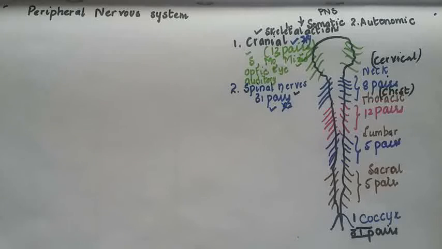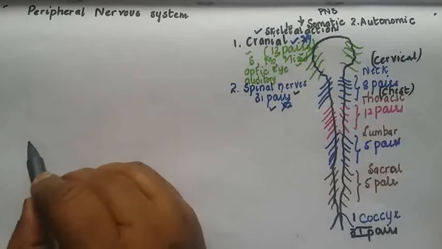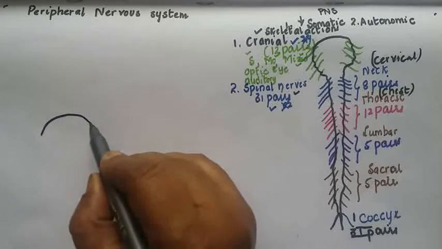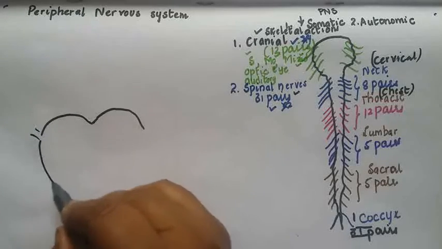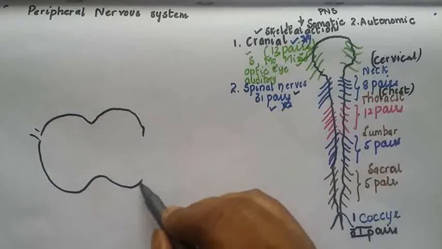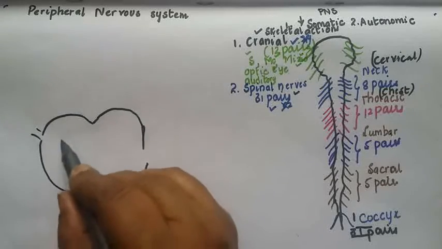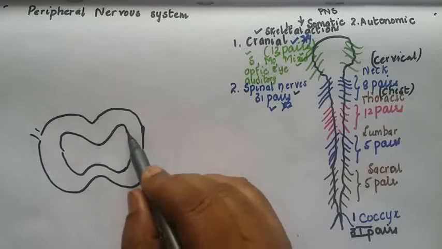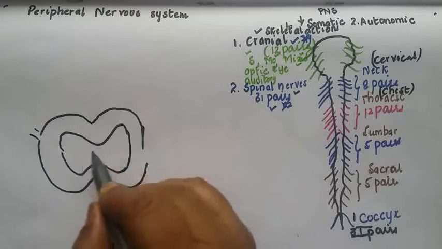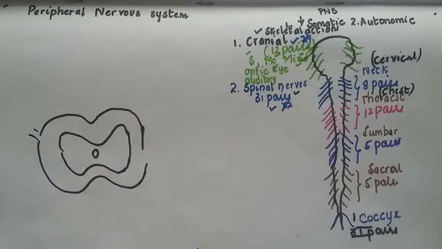Now I think in the earlier video we have already learned about the spinal cord. Now let us learn about the spinal nerve, the structure of a spinal nerve. So we know that the spinal cord comprises 2 regions, right? We find an inner grey matter and an outer white matter.